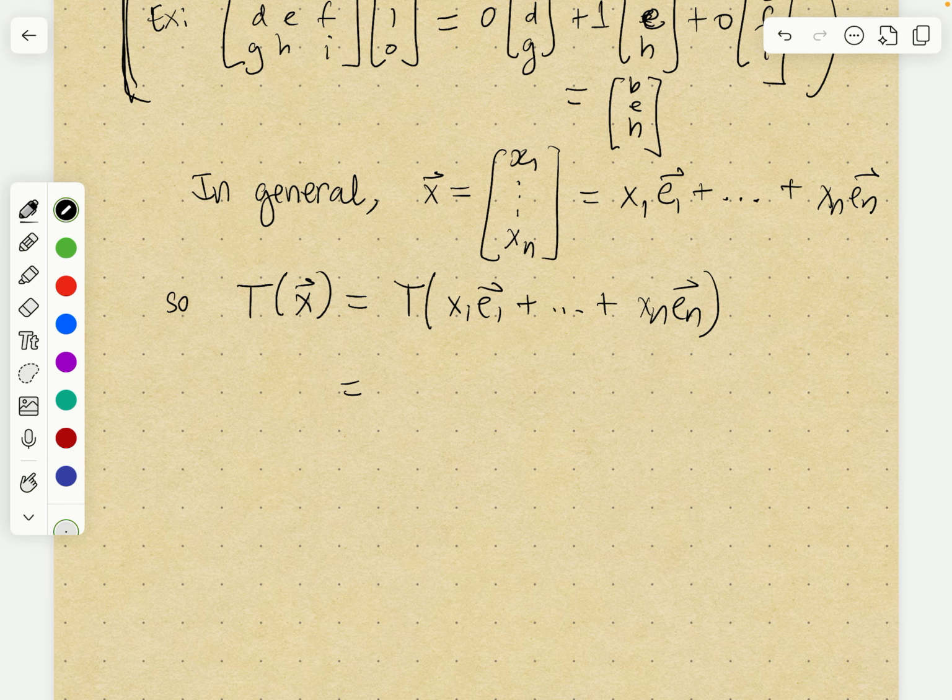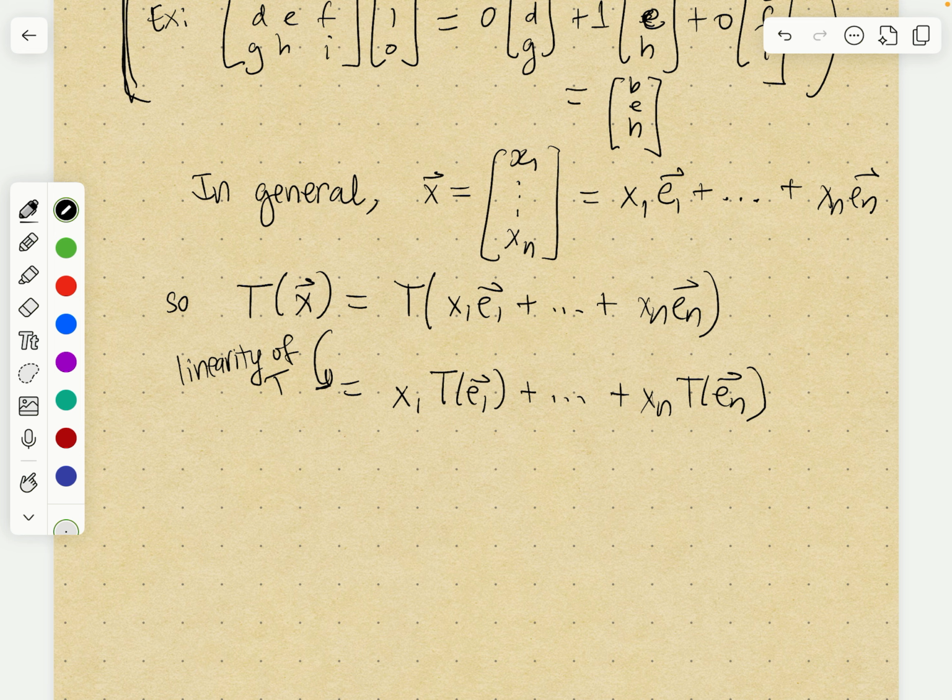Now, since T is a linear transformation, by the linearity of T, how can we write this? This is x1 times T of e1 plus dot dot dot plus xn times T of en. We can distribute the T across.